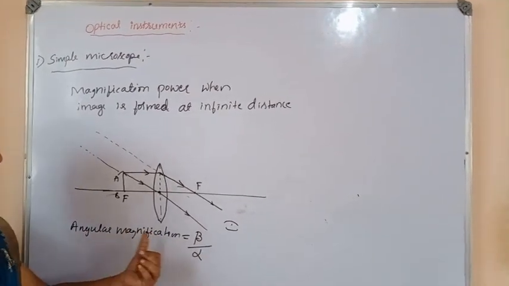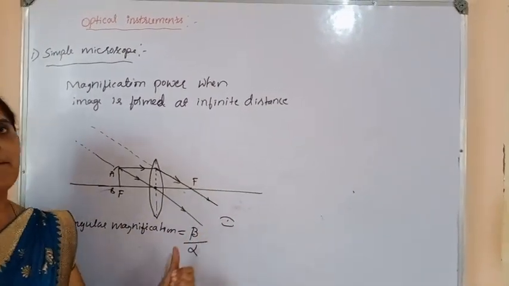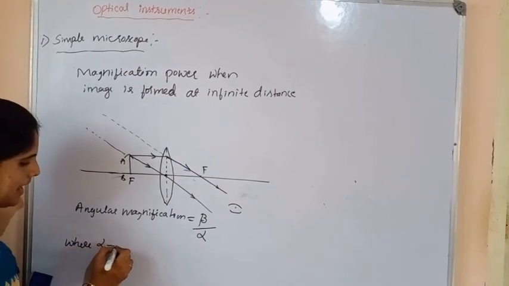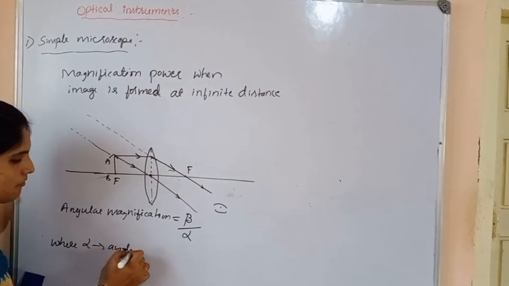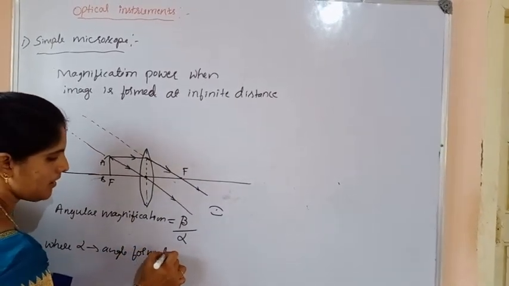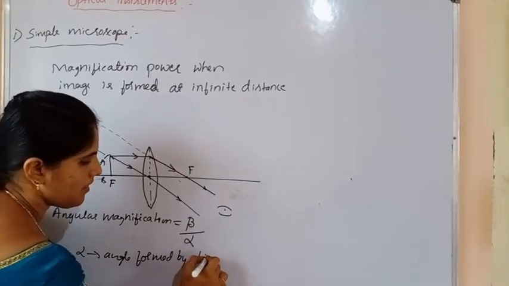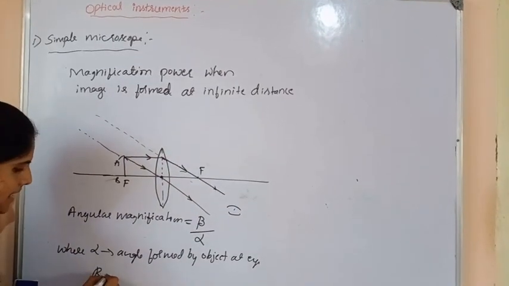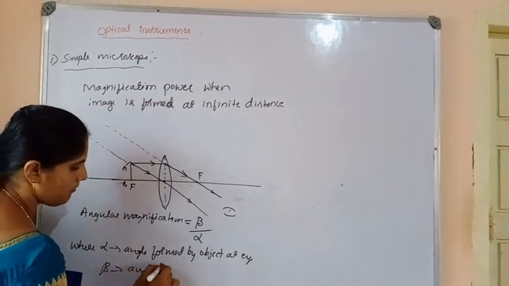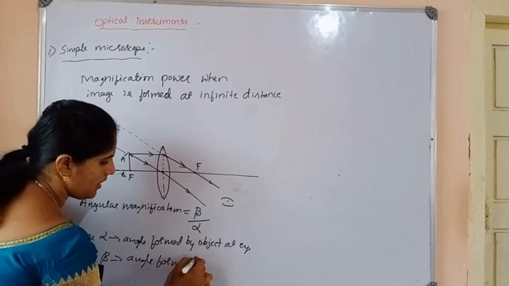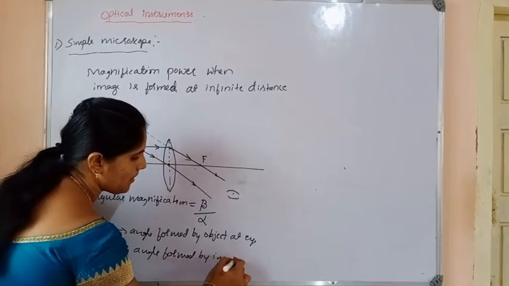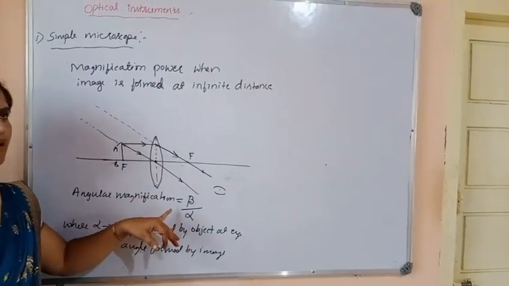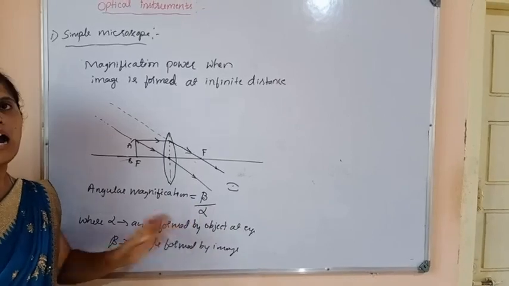That is, angular magnification M is equal to beta by alpha, where alpha is the angle formed by the object at the eye and beta is the angle formed by the image at the eye.